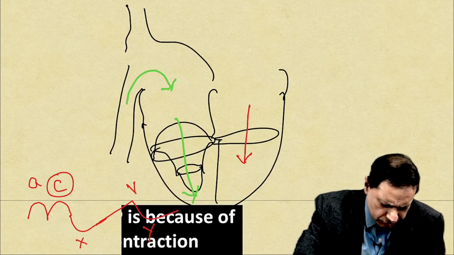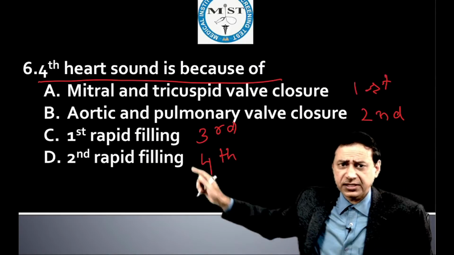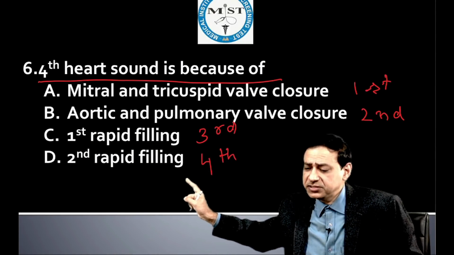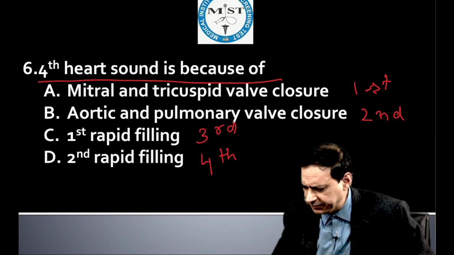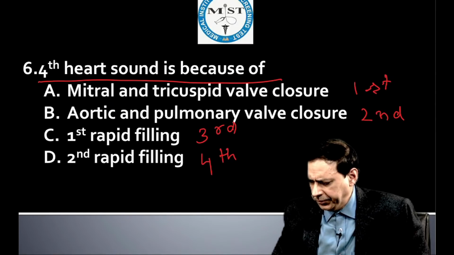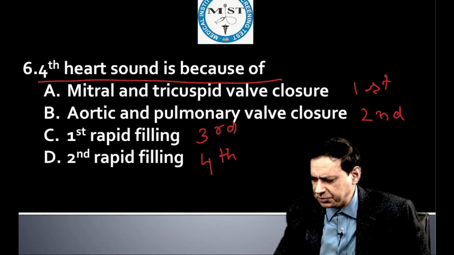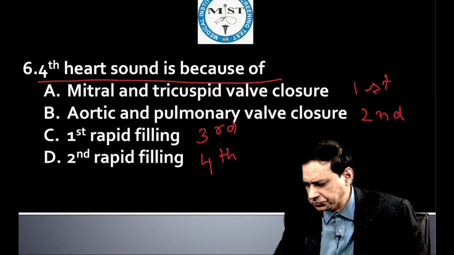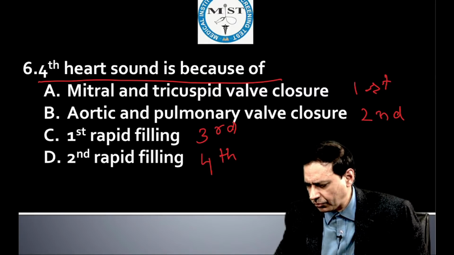So third and fourth. Third is because of first rapid filling and fourth is because of second rapid filling. Fourth heart sound is because of second rapid filling. When the atrium contracts, then we have the fourth heart sound. Okay?